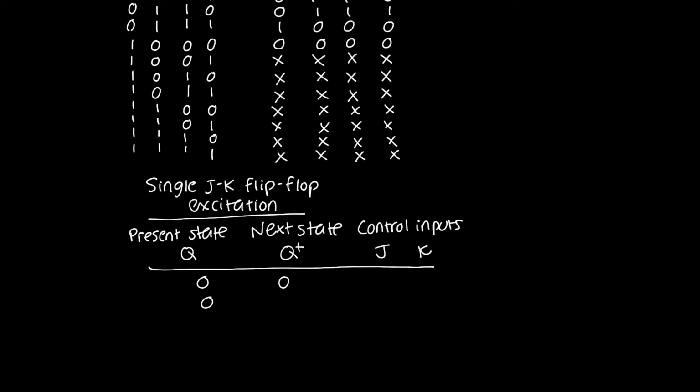It looks like this. So these are all the possibilities for present and next state. And my JKs look like this. And if you're curious how I got this, it is in a previous video, so go check it out.